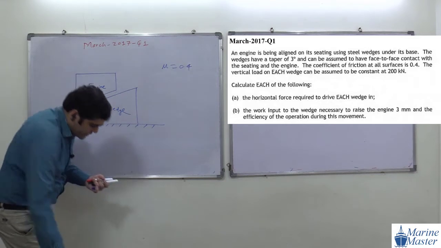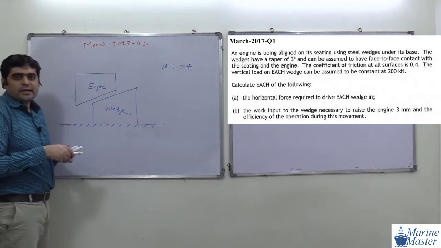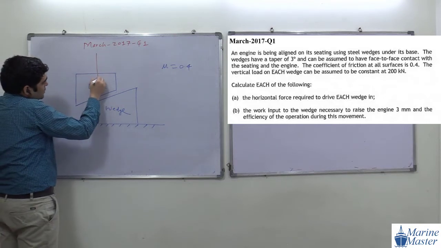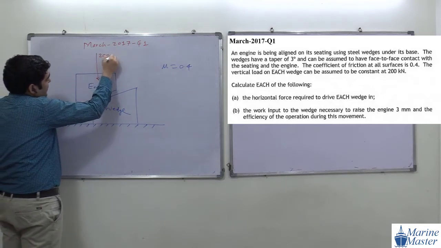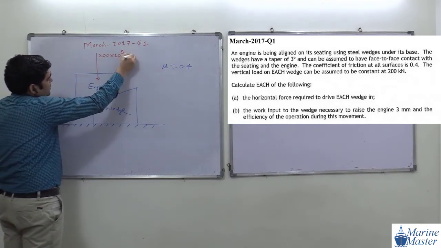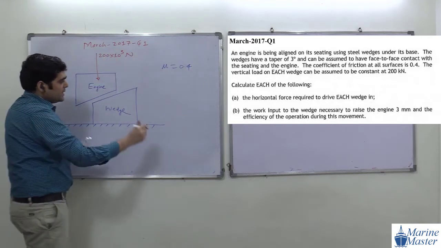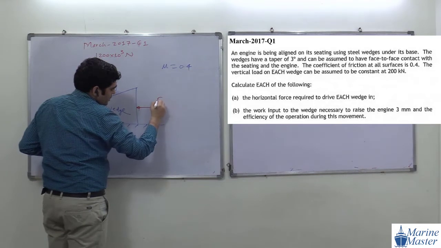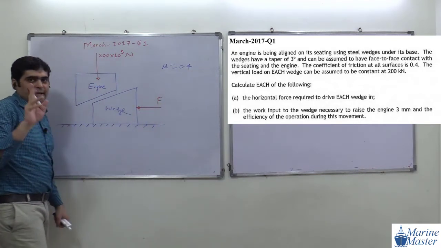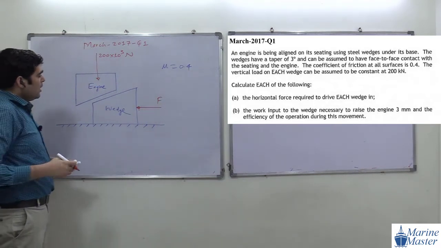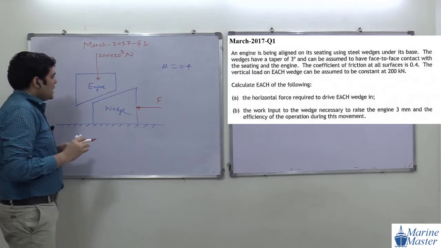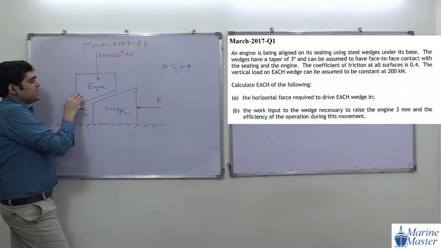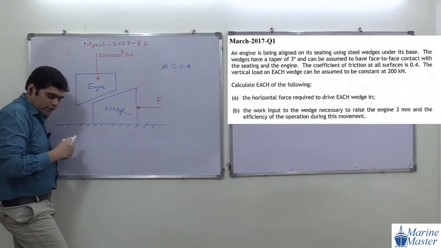And how much load is there? 200 kilonewton. 200 kilonewton means 200 into 10 raised to the power 3 Newton. So this is the total load, and here we are applying a force. Now guys, if you want to move this engine up, there should be what? This is the engine basically. I am going to read the question once again.